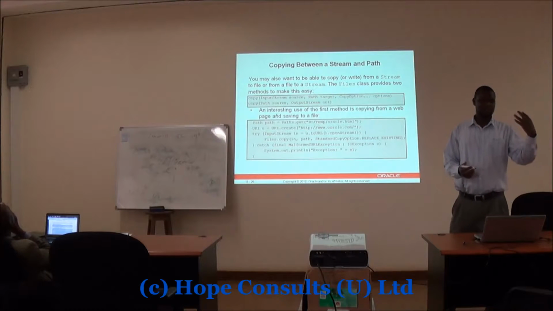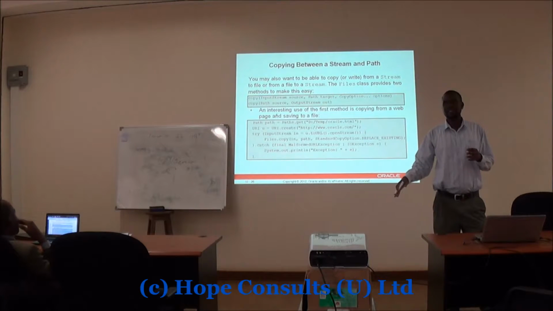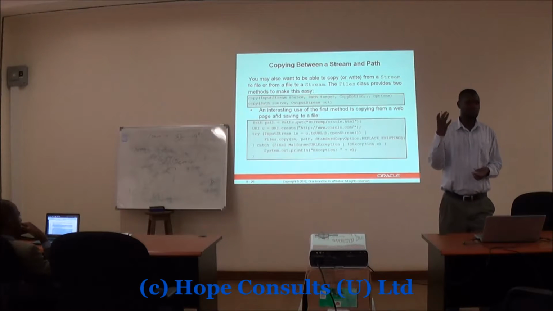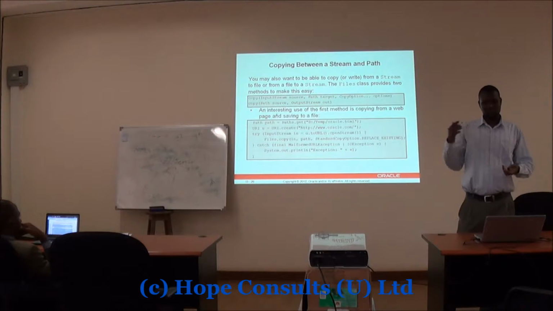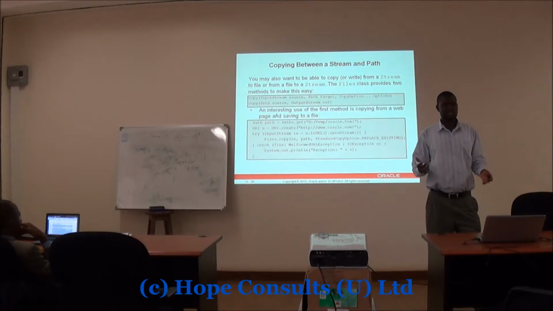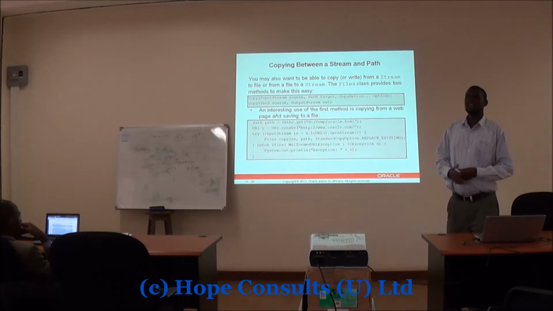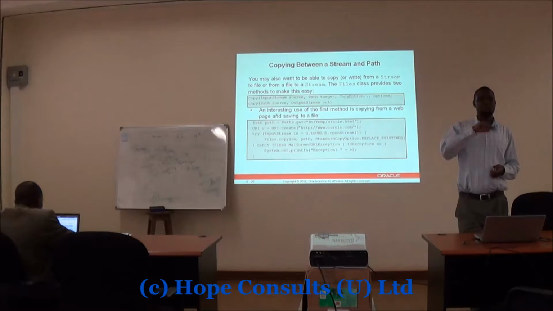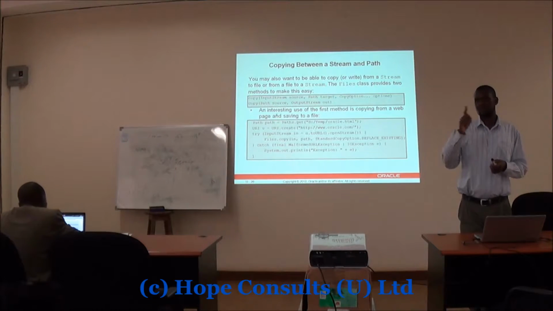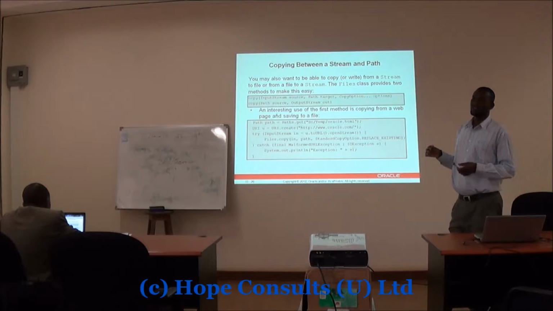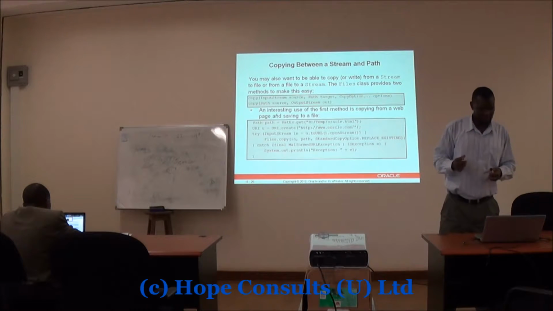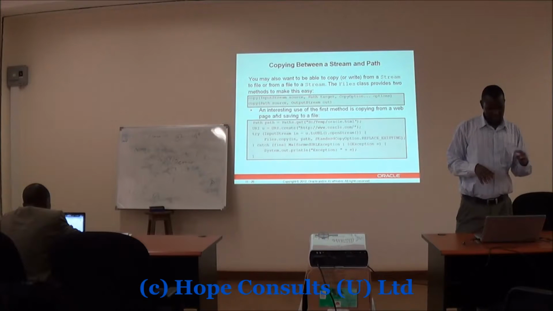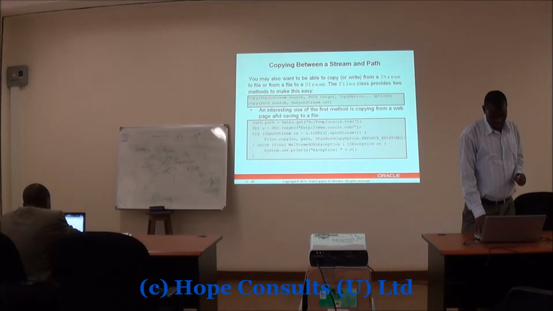So you can read it maybe from C, then write it to D. Or read it from D, write it to C. Read it from one destination, write it to another destination. But it has to pass through the Java virtual machine. In the other case, it was not. It was a question of moving one file to another destination.